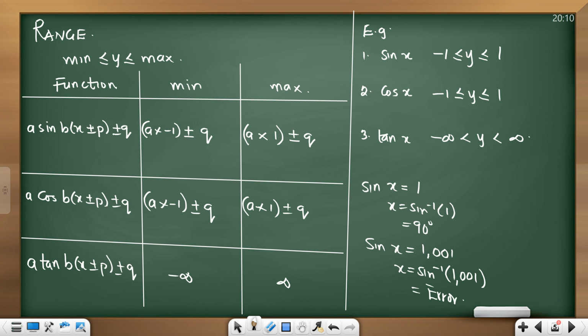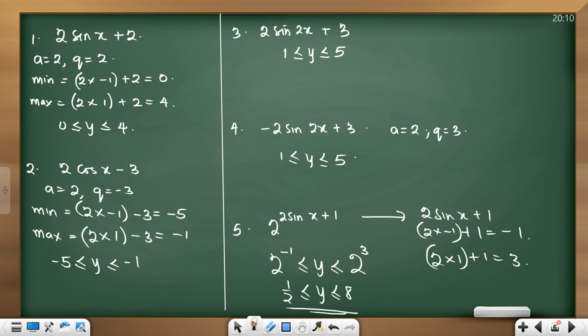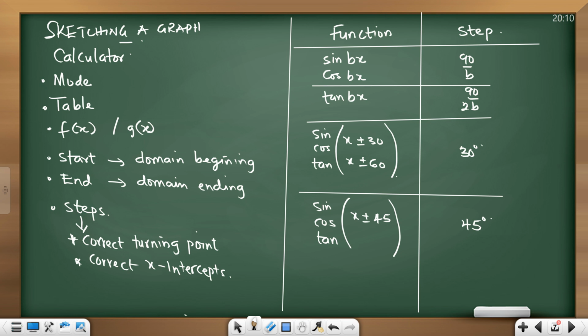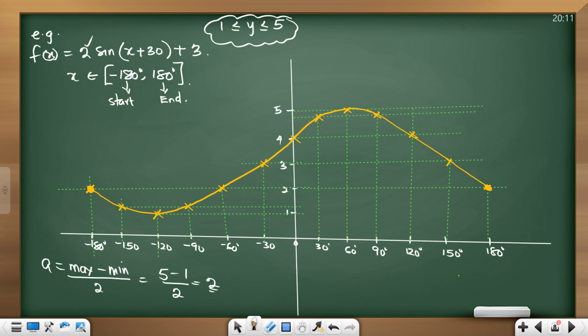Fourth page of the notes. Examples. Sketching a graph. Okay, those are the notes.